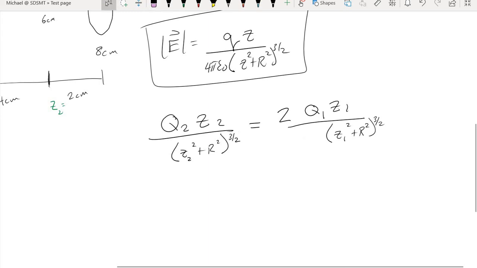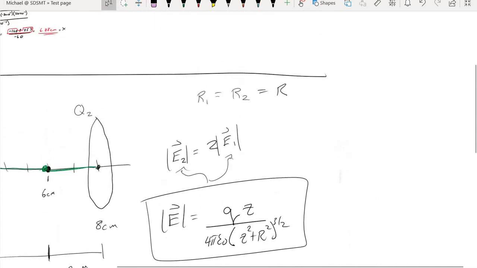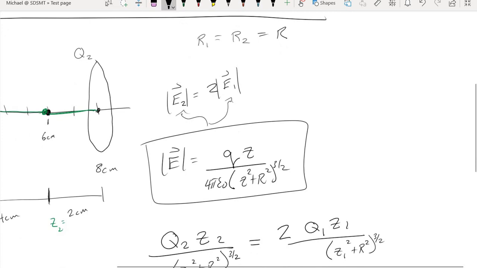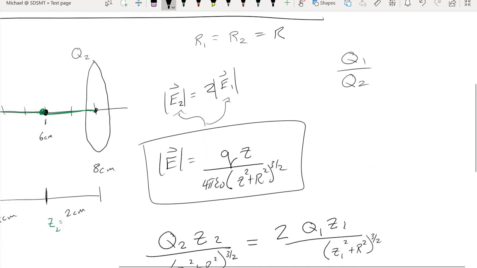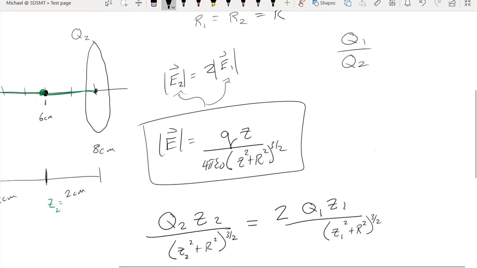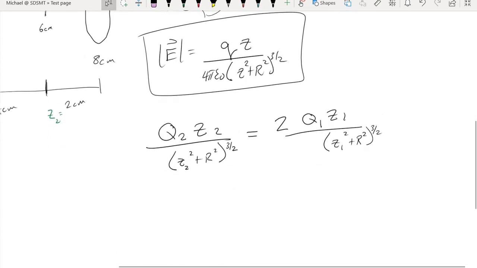And now, what was it we were asked for again? We wanted to know the ratio of the charges. I didn't specify if I wanted Q1 over Q2 or Q2 over Q1, but whatever we get here, if we need to flip it over, we can do that later. So we want Q1 over Q2.